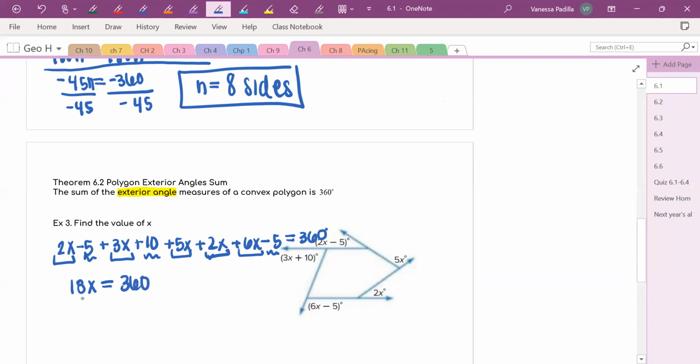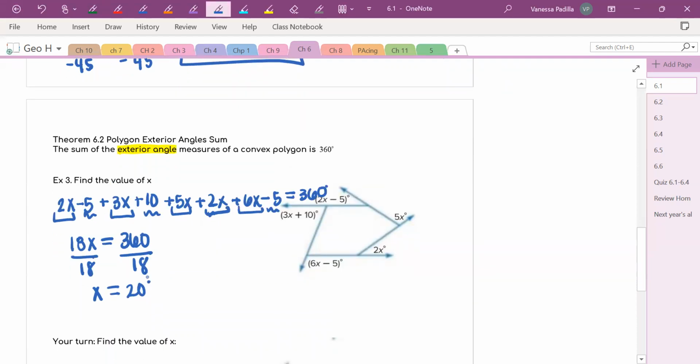Set it equal to 360, divide by 18. And then if we plug that into our calculator, we should get 20. Okay, oops, that shouldn't have a degree there. So that would be our answer.